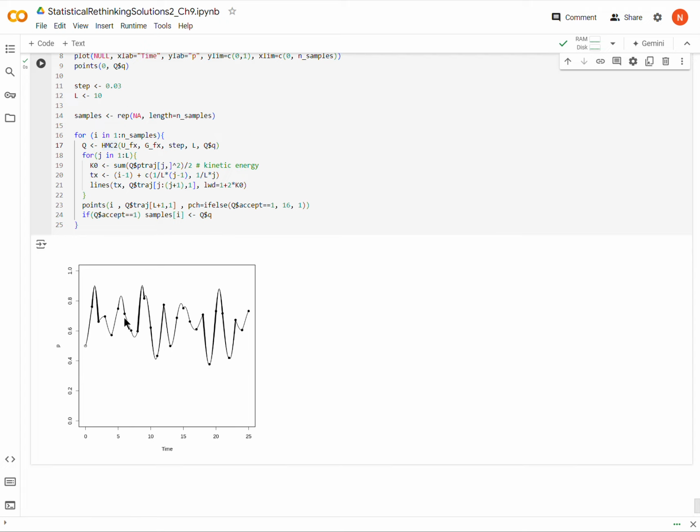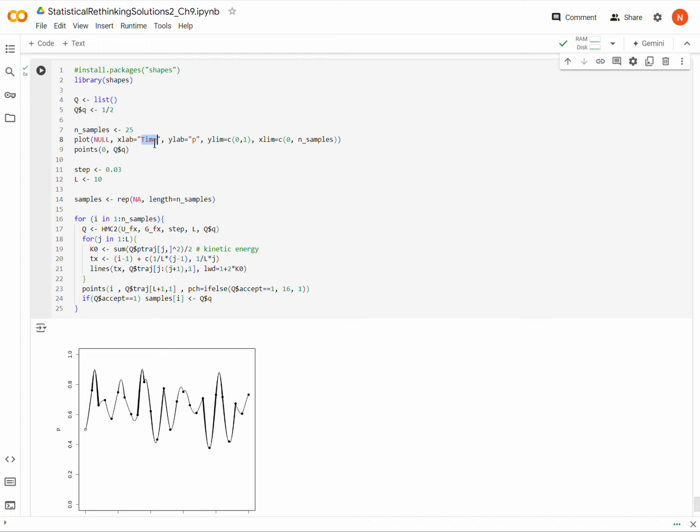What you come out with is your trajectories of the Hamiltonian Monte Carlo. This is the number of iterations across here, and then p is, in fact, I don't like time in there. I'd rather that say iterations.